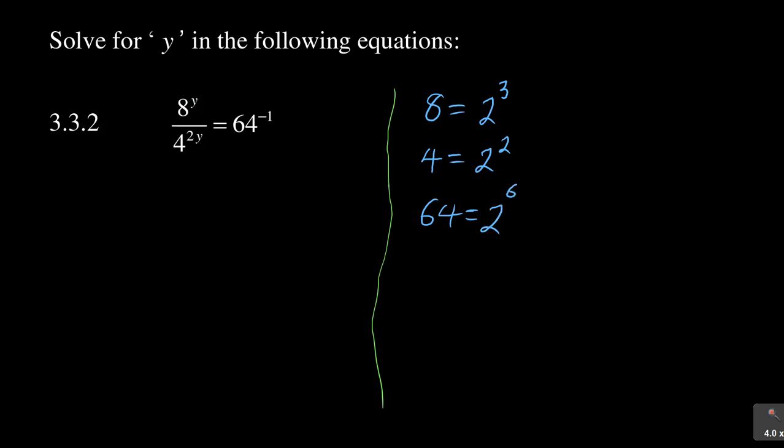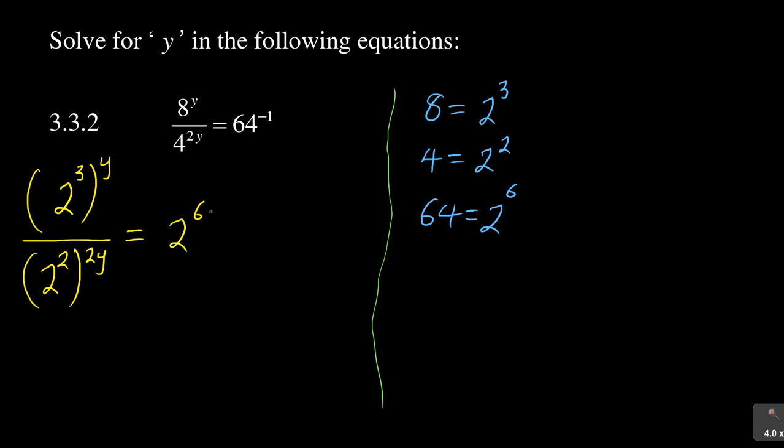So now you can write the 8^y and say this is the same as 2 to the exponent 3, but remember there is a power y. It means you put a bracket and you put your y outside, over, again 4 is 2 to the exponent 2, you put a bracket outside, there is a 2y now, is equal to 64, which becomes 2 to the power of 6, and then outside you put a -1.